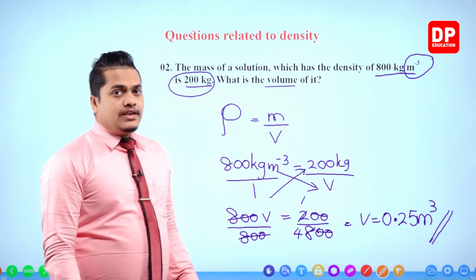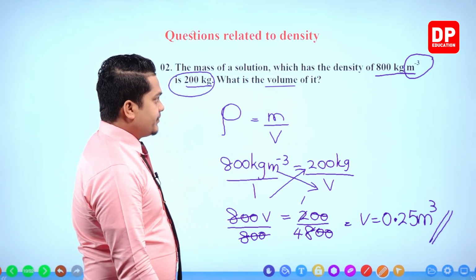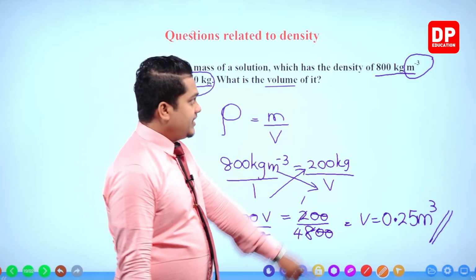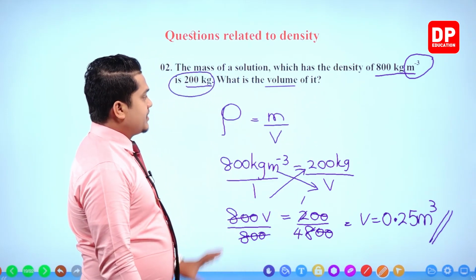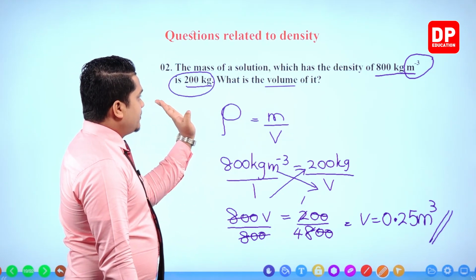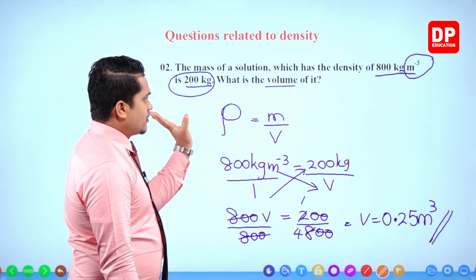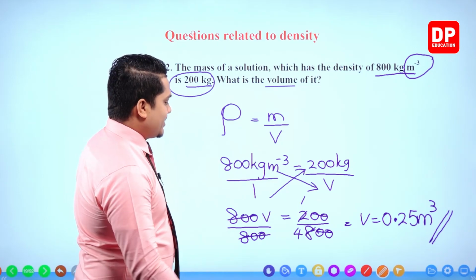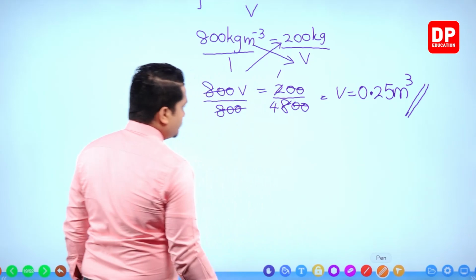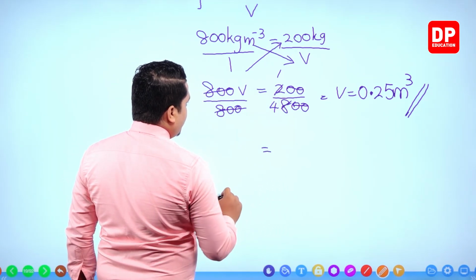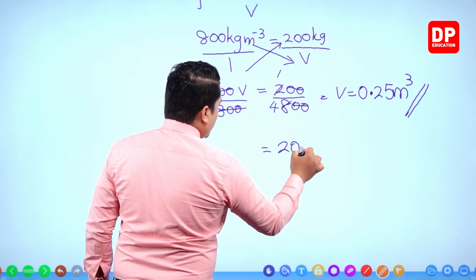It's very simple to identify. Check the unit of density, kilograms per cubic meter. Check the unit of the mass given, kilogram. It's very obvious. I can show you how it is getting cancelled. We know that here 200 is the kilogram value.